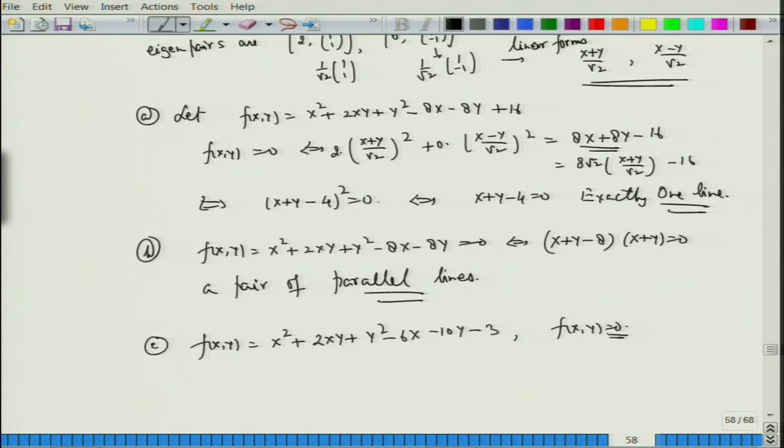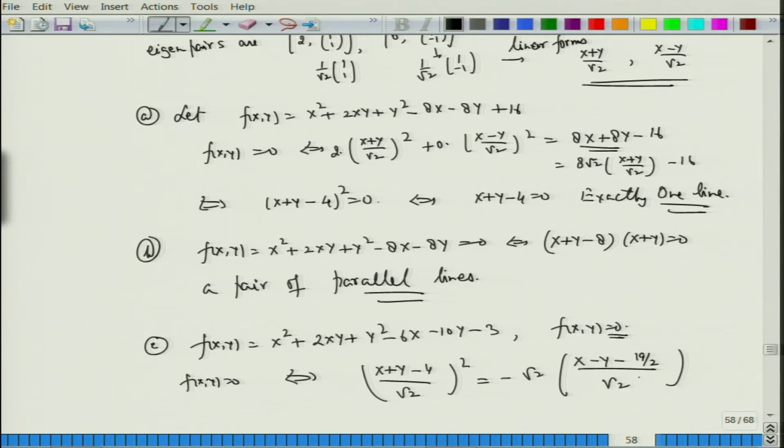I have written it as f(x, y) equal to 0 is equivalent to looking at x plus y minus 4 upon root 2 whole square is equal to minus root 2 times x minus y minus 19 by 2 upon root 2. This is what I have written as my expression, all right.